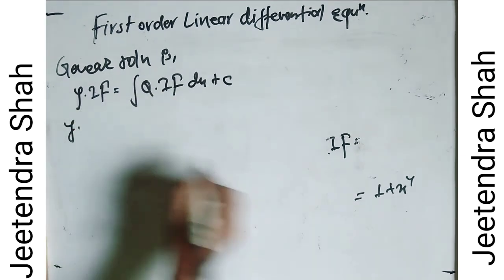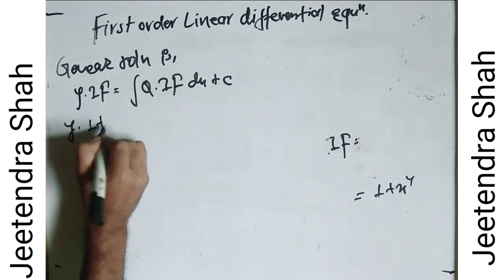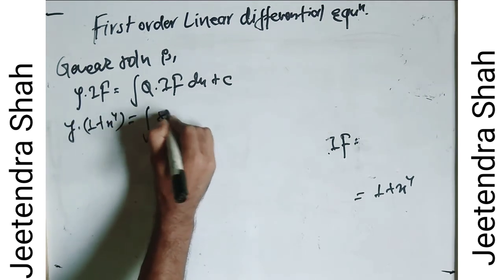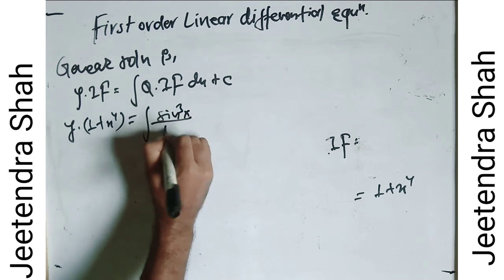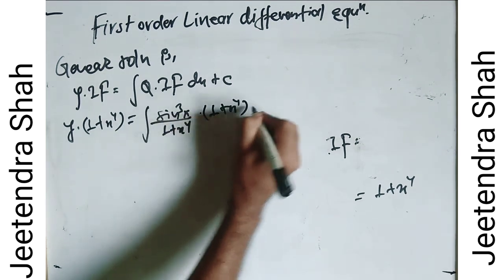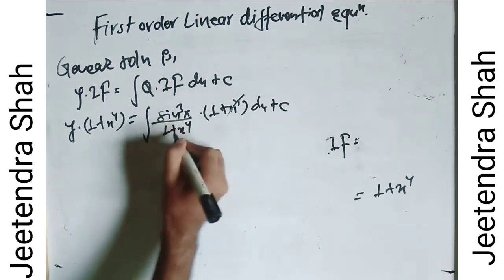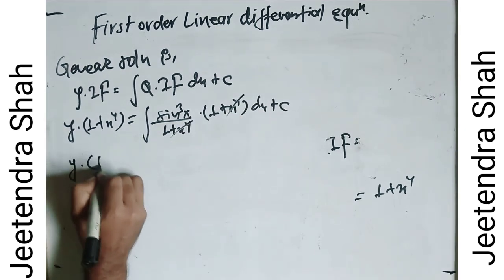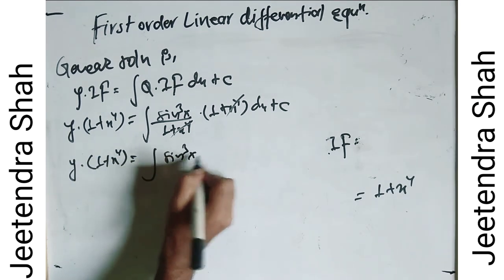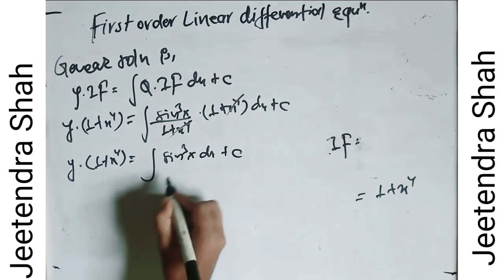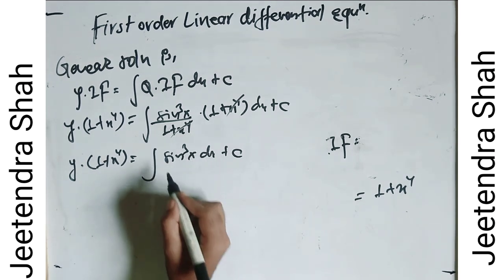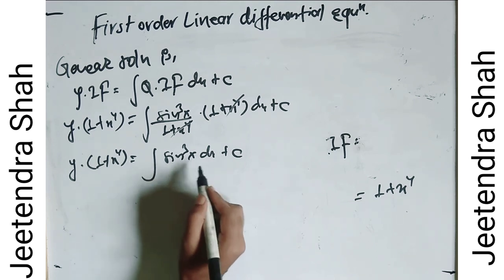Now this cancels out, so y(1 + x^4) equals the integral of sin^3 x dx plus c. So we have to calculate the integral of sin^3 x dx. Directly the integration of sin^3 x is not possible.